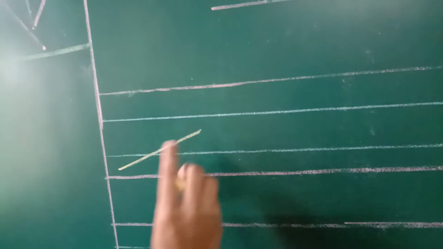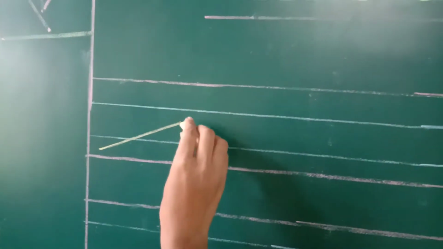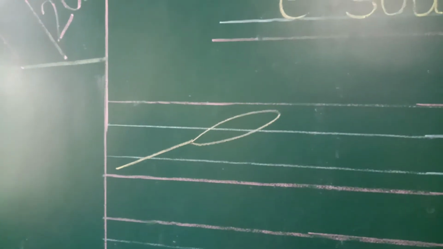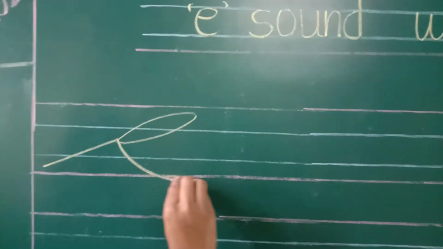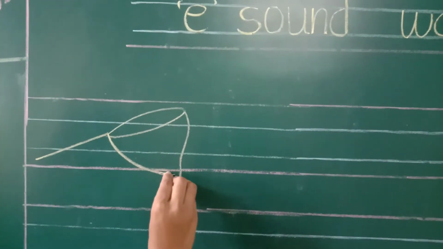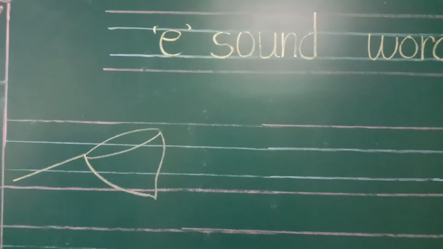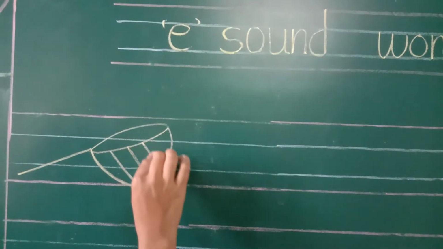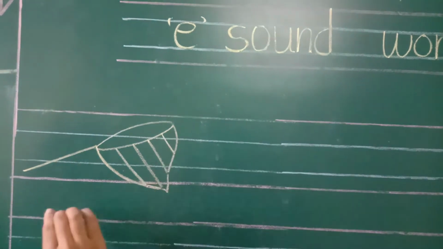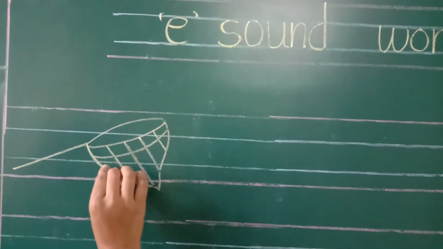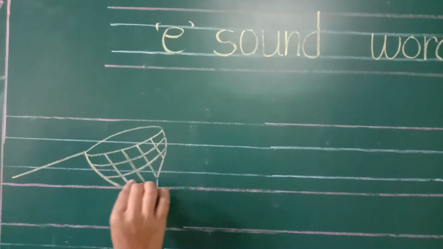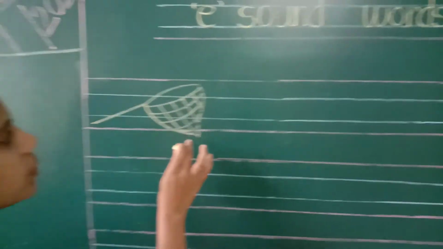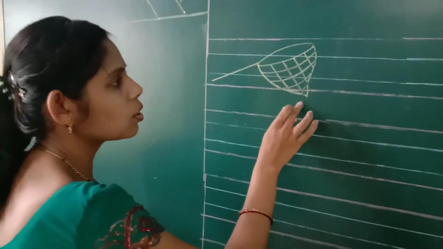So draw one slanting line, oval shape, like this. Done. Then put lines like this in the middle. Okay student, this is the picture of net.